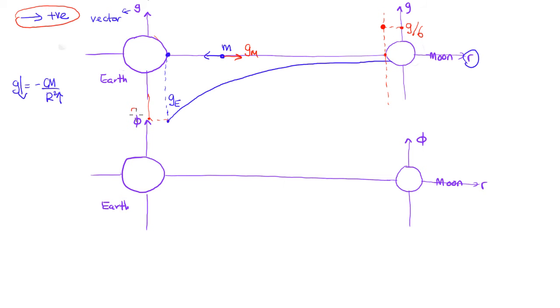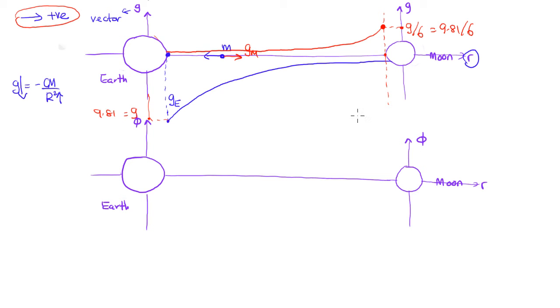This g is 9.81, whereas this is just 9.81 over 6, roughly. From here, how do we continue to draw the g at this side due to the moon? When it's further away from the moon, they follow the same relationship. The g will decrease, but never touch 0.